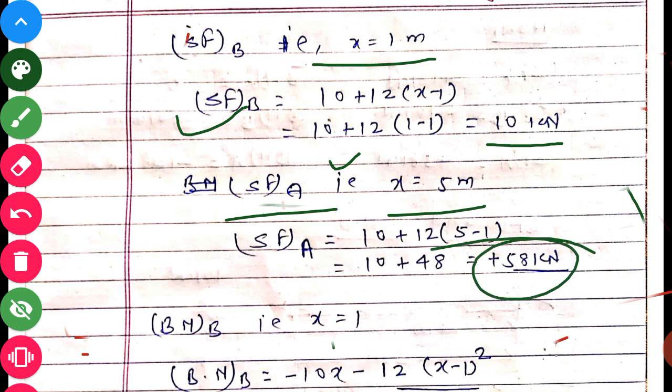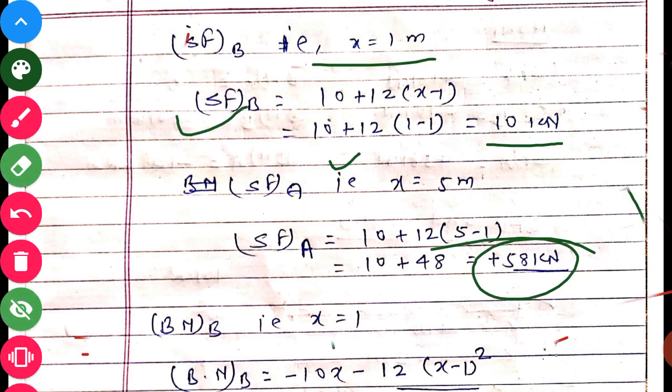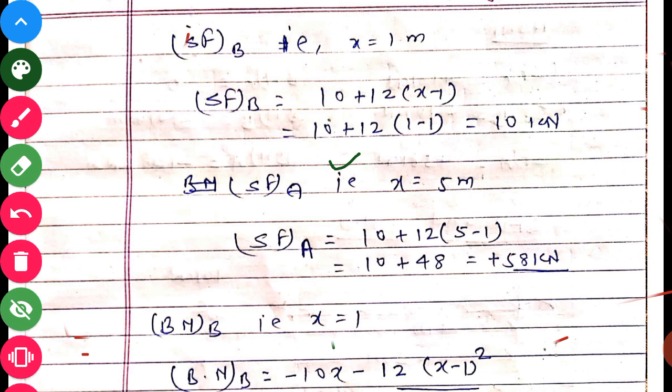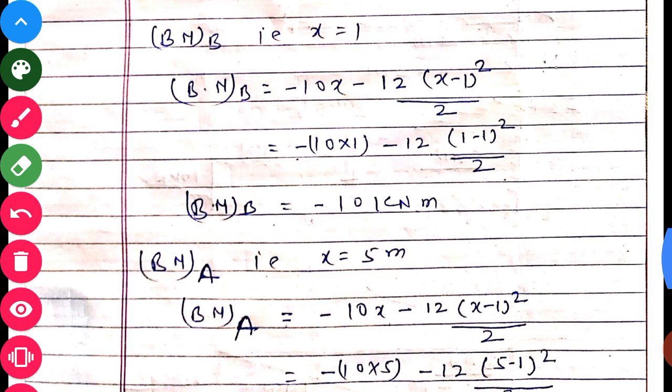Okay, like that you can also calculate the bending moment at different sections of the beam, at different points in region BA. If you determine the bending moment at point B, you can put x = 1 in the bending moment at section XX, -10x - 12(x-1)², that is the original bending moment formula, and put here x = 1.